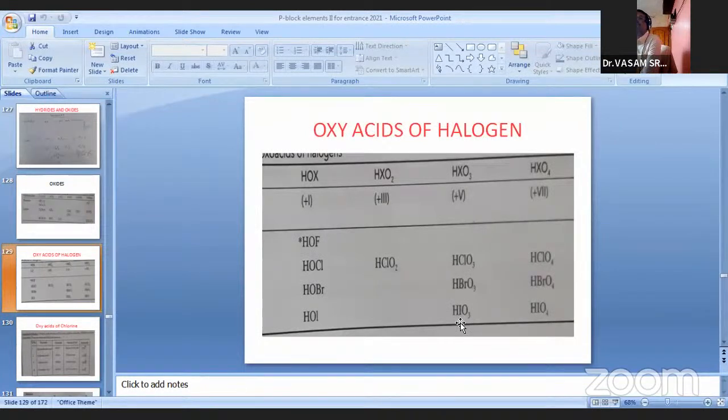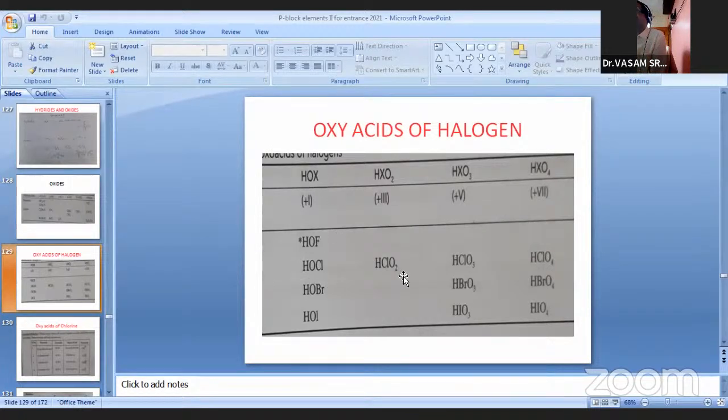You take, for example, the oxyacids are of 4 types: HOX, HXO2, HXO3, HXO4. Okay, first let's take chlorine. You see the second row.